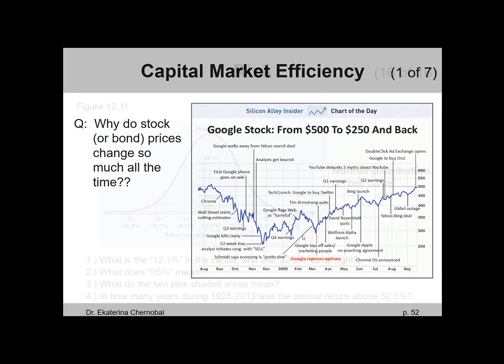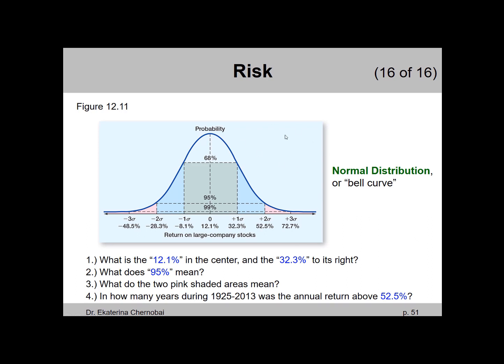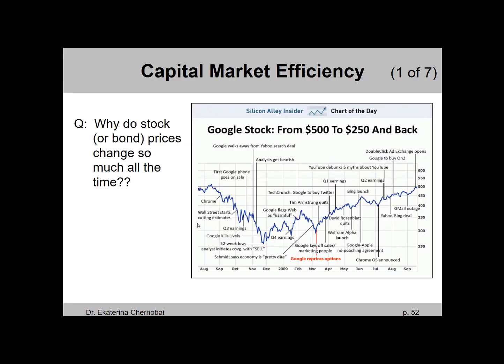Okay, so this is the end of the topic of risk in the financial markets. In the next few minutes, I would like to explain the topic that is known as capital market efficiency.